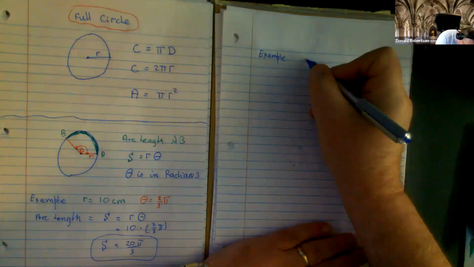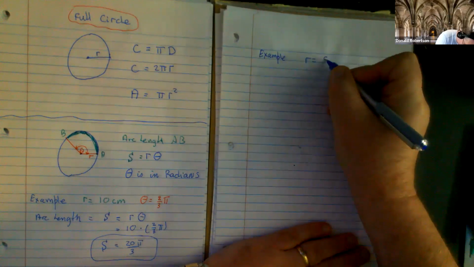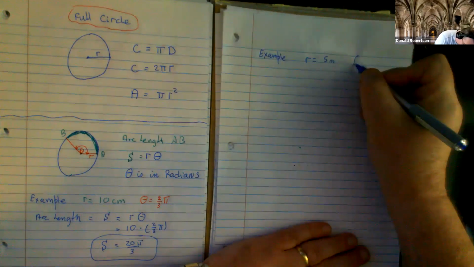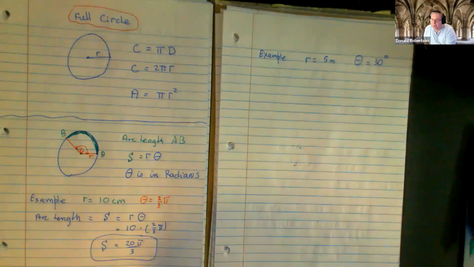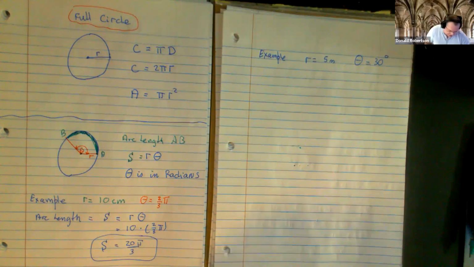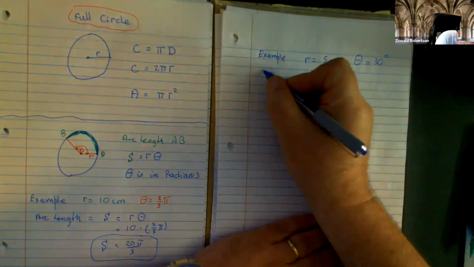But what happens if I tell you in the second example the radius is 5 meters and the angle is 30 degrees? And I still want to know the arc length.